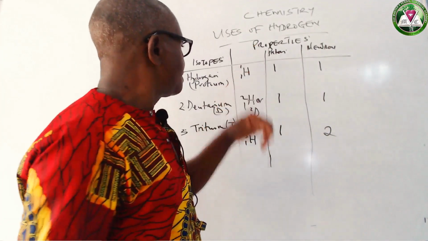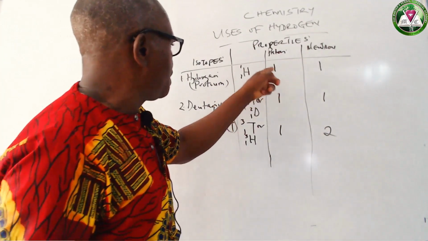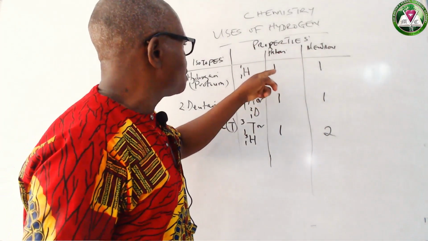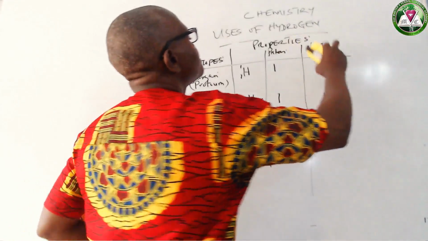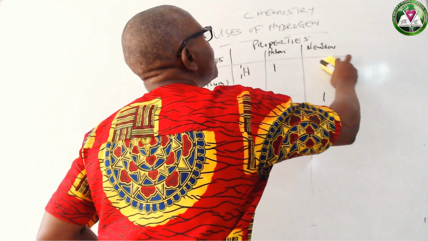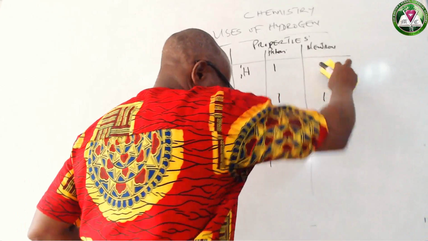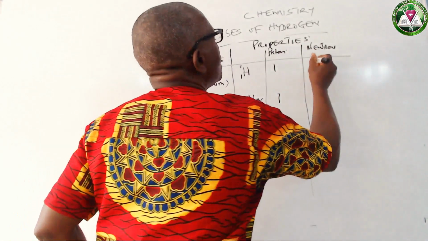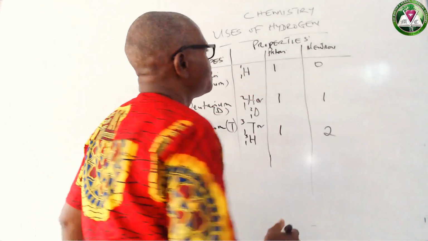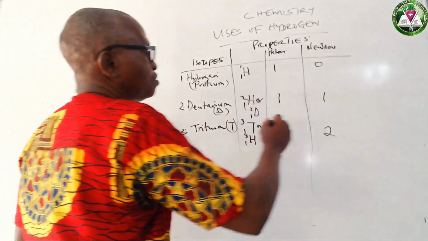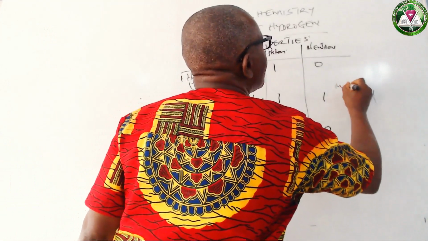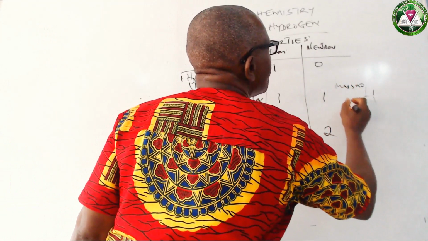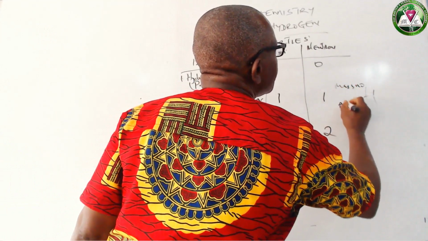Remember that why this one is 1, 1 is because, sorry, please correct this. Make this correction. This is a mistake. Neutron is 0. Let me explain why it is so. If you have hydrogen, this one is your mass number, and this one is your atomic number, the one written.